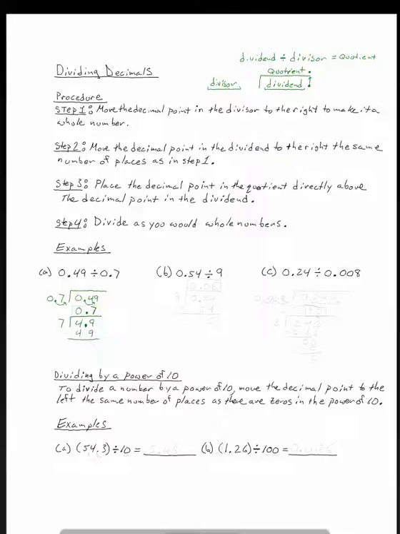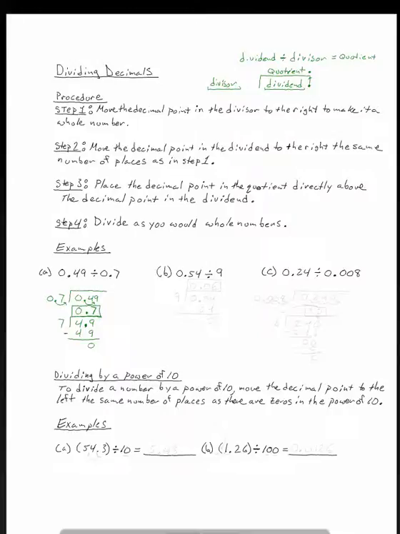And notice that at this point I'm ignoring the decimal point in the dividend. So I'm treating 4.9 as 49. Then we subtract 49 minus 49 is 0. So our solution is 0.7.